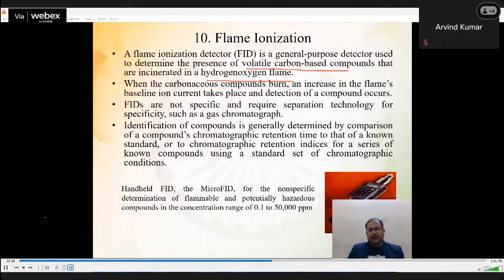There is a handheld FID, the micro FID, for the non-specific determination of flammable and potentially hazardous compounds in the concentration range of 0.2 to 50,000 ppm. It is already established protocols or data which we correlate with the data present, and we can easily understand how this type of sample result is being analyzed.